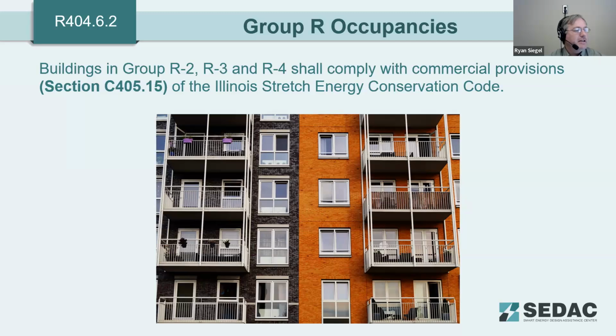Experience on upsizing panels for the stretch code. Example of using older homes. Stretch code, for the most part, is going to apply to new construction only. Robert will touch a little bit later on as far as when it does apply to existing, but generally speaking, this is for new construction only.